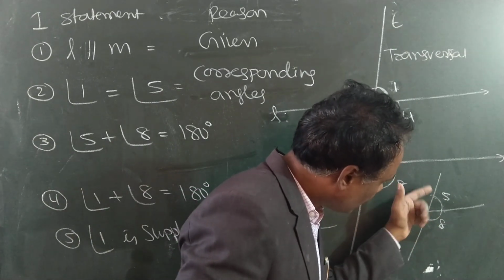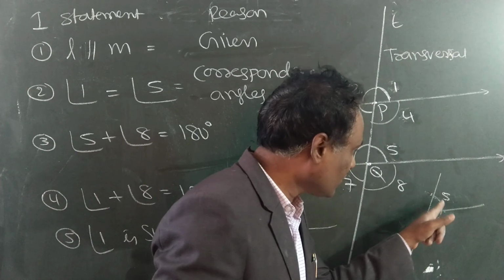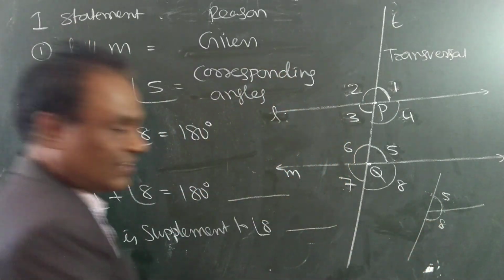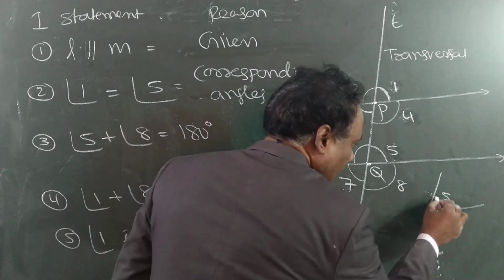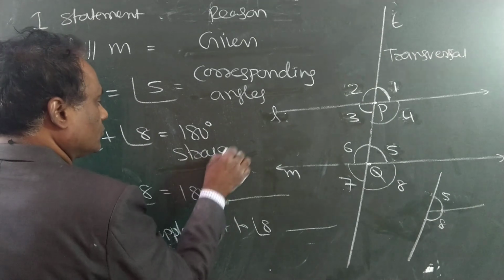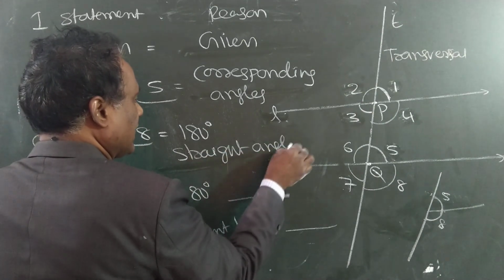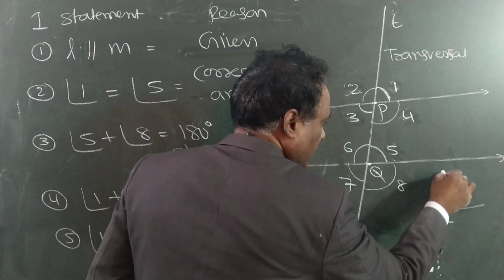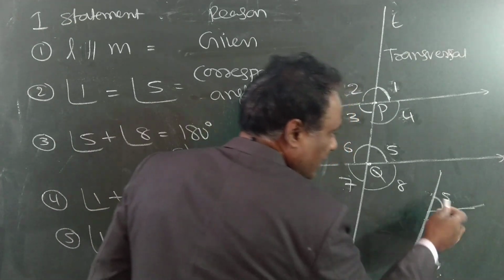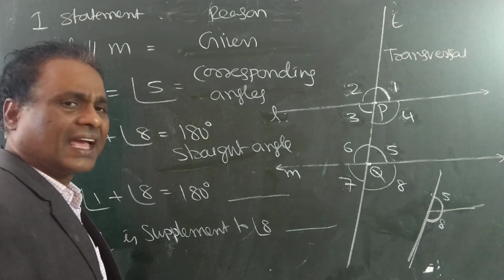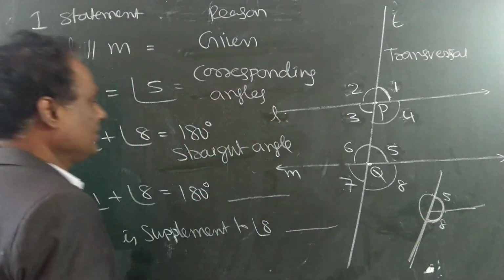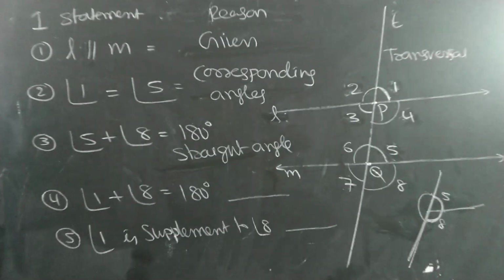So 5 plus 8 is 180 degrees. It means it is a straight line angle, a straight angle. We call it a straight angle because on a straight line, one side is 180, this side also 180. So the reason is straight angle.